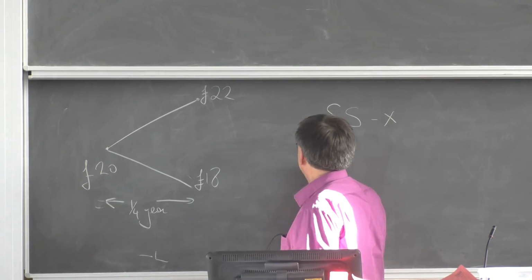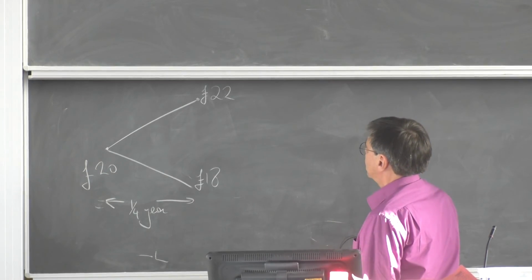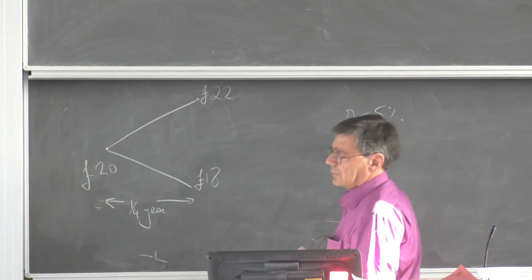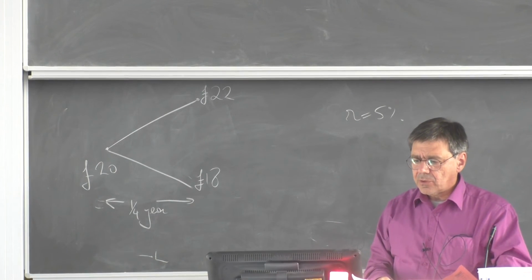And we're also told that the 3-month interest rate is 5%. So let's write this as R is 5%. And let's see if we can find the price of this call option.